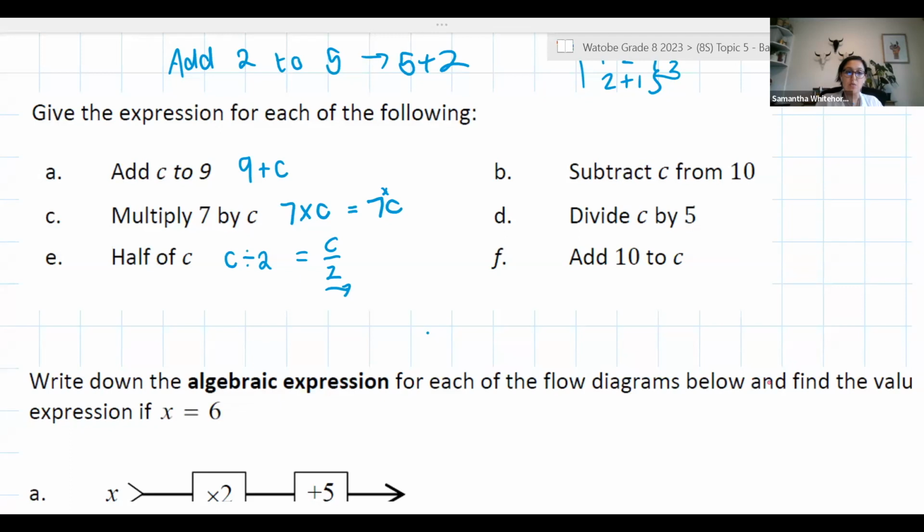Especially the subtraction one. Subtraction order is very important. If we don't put it in the correct order, we are not going to get it right. Let's go, my people. Y'all are doing it. Guys are doing really well. Keep it coming.